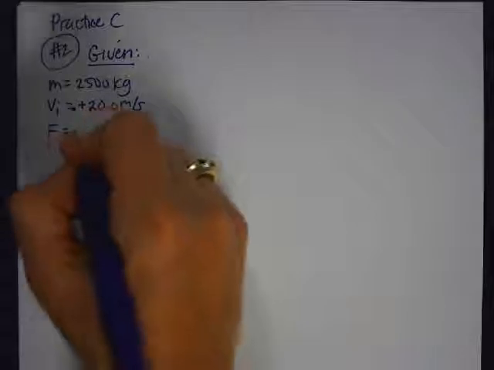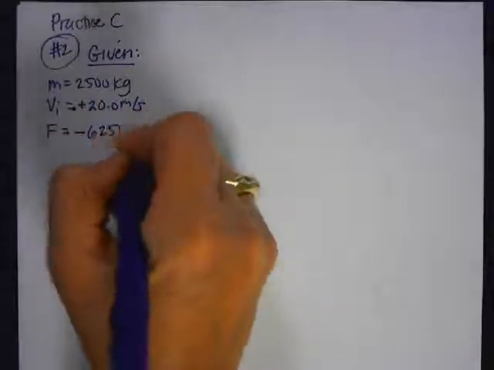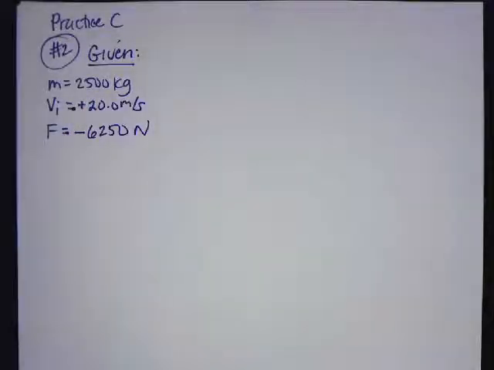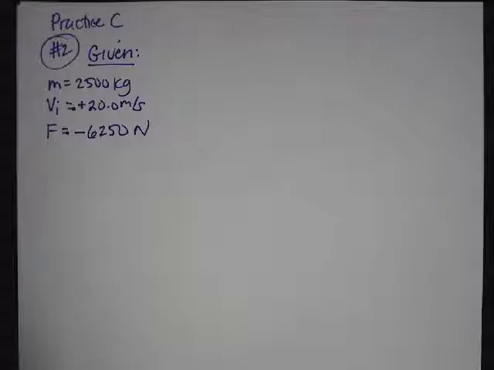So this is positive, so the force is going to be negative 6,250. Momentum is a vector, so we have to be very careful with our signs if something's positive and negative. And again, we're going to use our standard Cartesian sign convention.